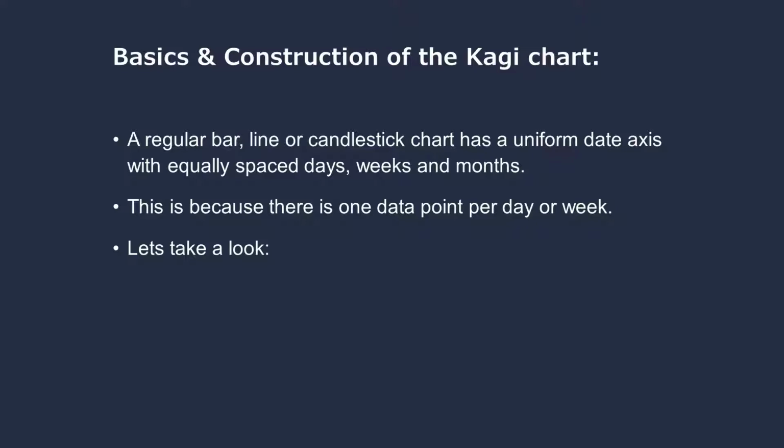So what you've been most used to in your technical analysis and trading is using traditional popular charts like bar, line, candlestick, that have a uniform date axis, equally spaced days, periods of time, minutes, etc. And the analysis is based around one data point in whatever time period that might be. So let's just cement that idea in our heads first by looking at an example.